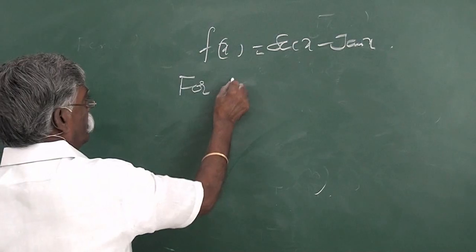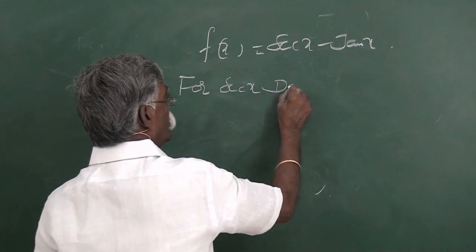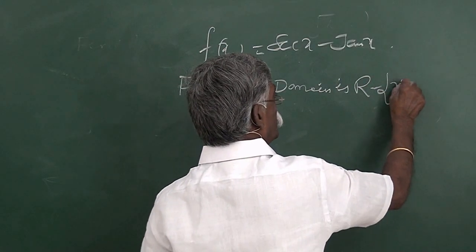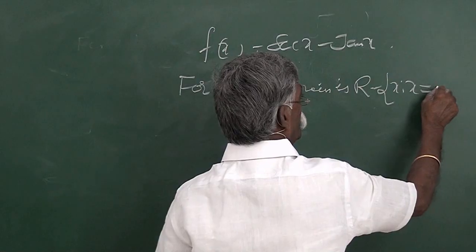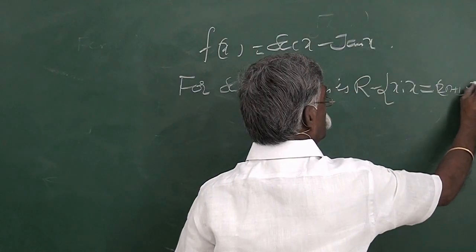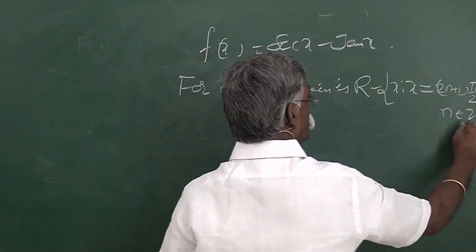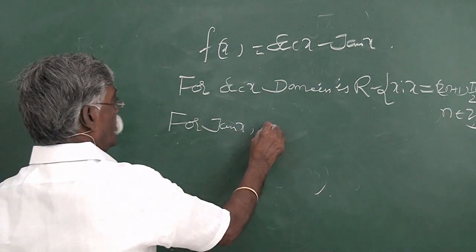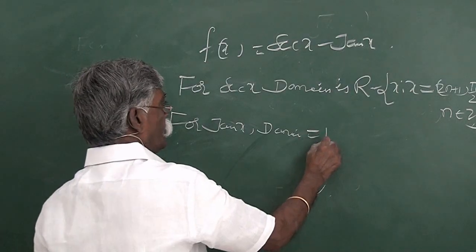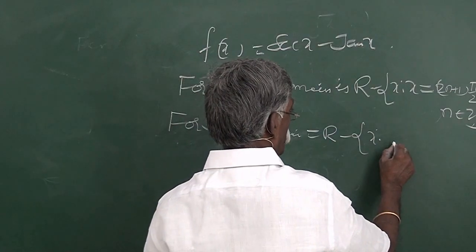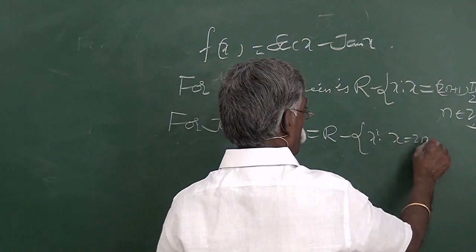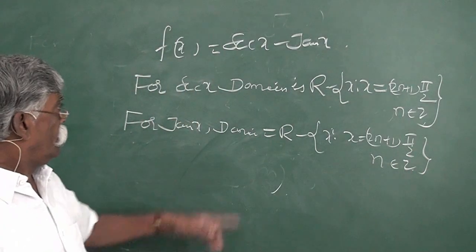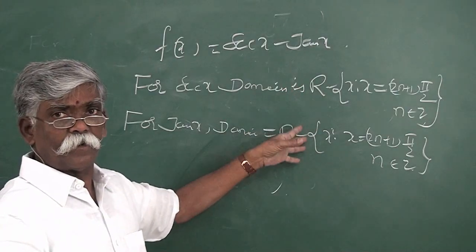We very well know that for secant x, the domain is R minus x such that x is equal to odd multiple of pi by 2, n belongs to Z. And for tan x also, the domain is equal to capital R minus x such that x is equal to (2n plus 1) into pi by 2, n belongs to Z. So this is the domain of secant x, this is the domain of tan x, both are common.